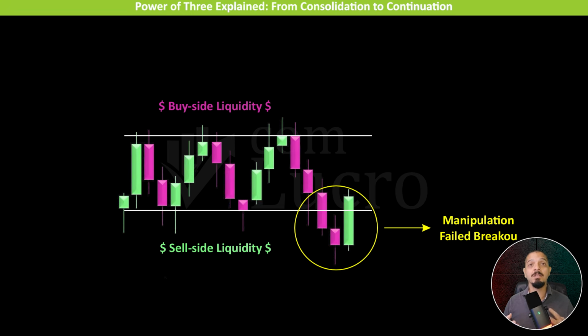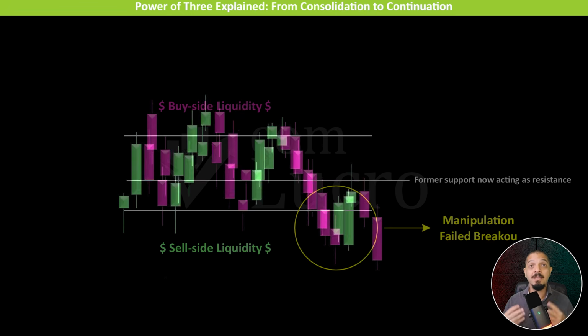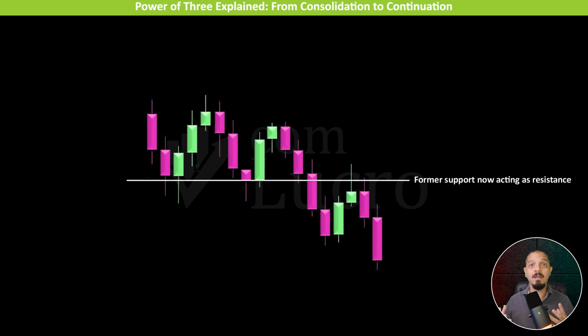The manipulation phase occurs when price moves away from the consolidation through what appears to be a breakout, but fails to follow through. In basic price action, when price breaks below a support level, that level often becomes resistance and pushes price lower due to trader behavior.